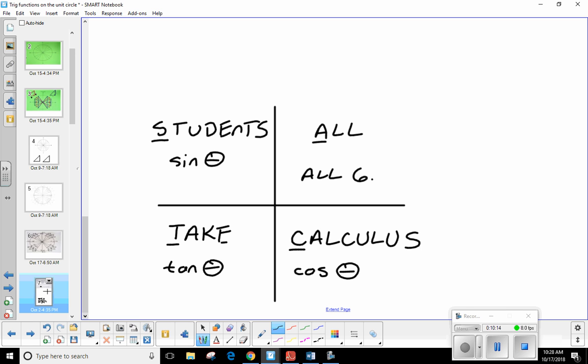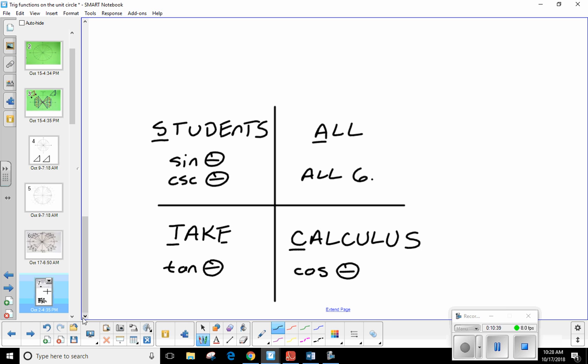What do you think? Let's say I have a positive number. Give me a number. 2. Okay, positive 2. What's the reciprocal of 2? 1/2. Is the reciprocal still positive? Yeah. So wherever sine is positive, its reciprocal would have to be positive as well. So I know that cosecant is positive in the second quadrant.